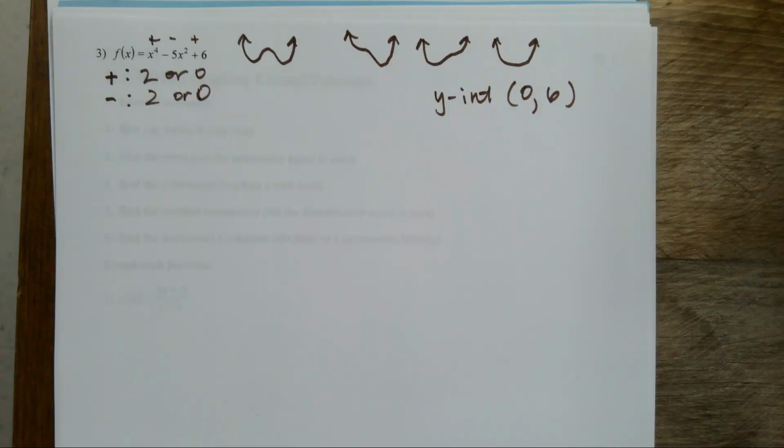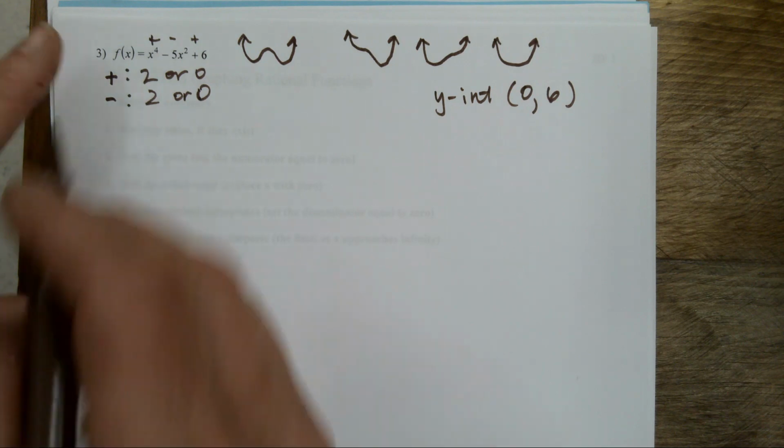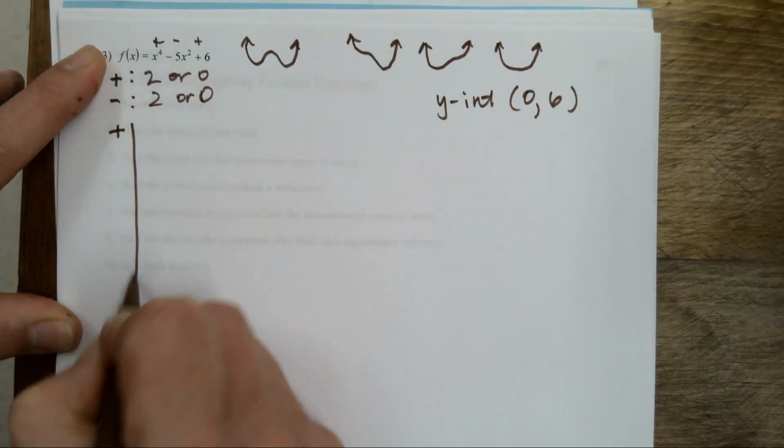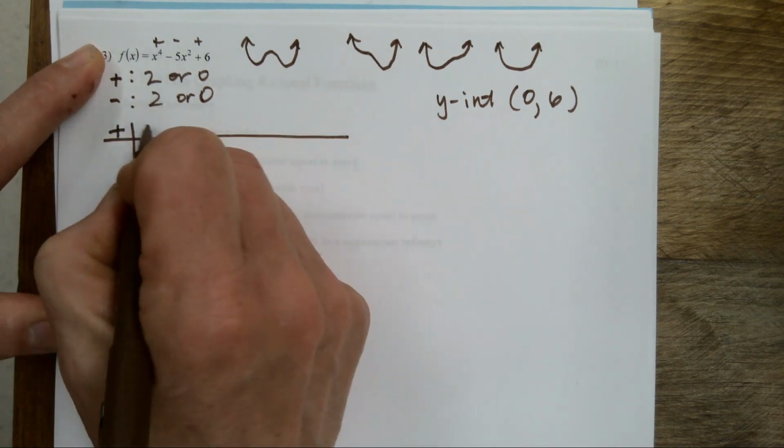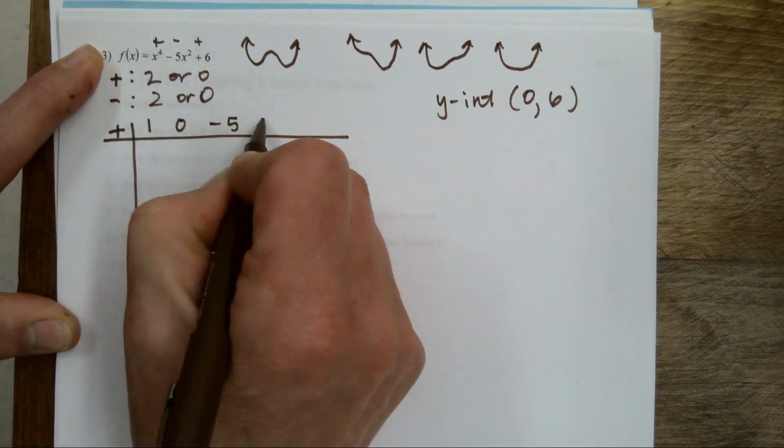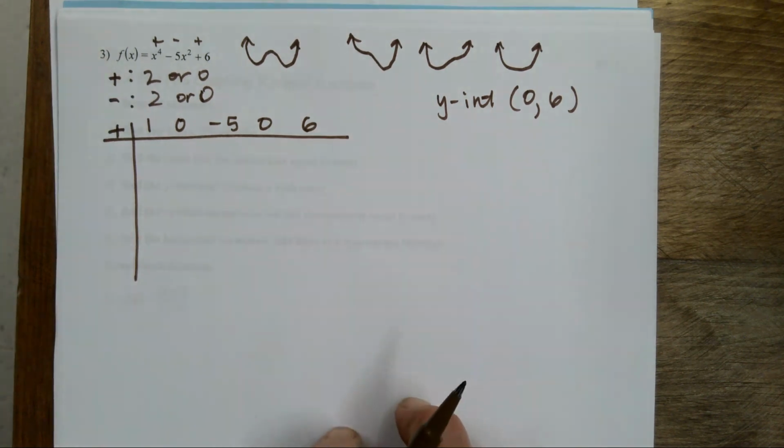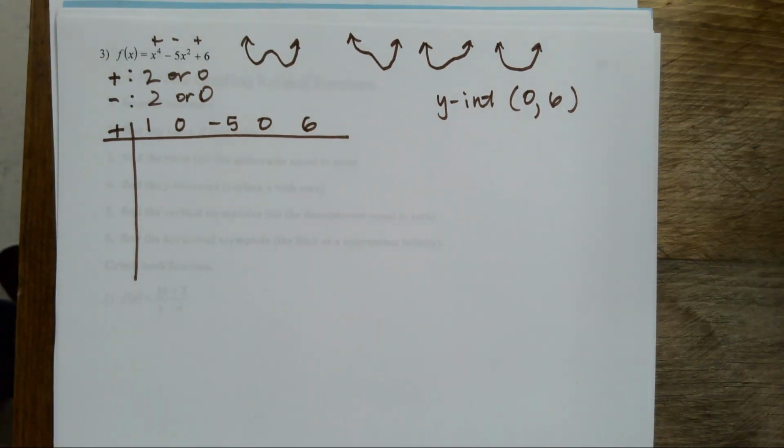I don't have anything guaranteed. Are there zeros? Are there no zeros? So the only option I have is to pull out a very, very organized table of points and see what I find.